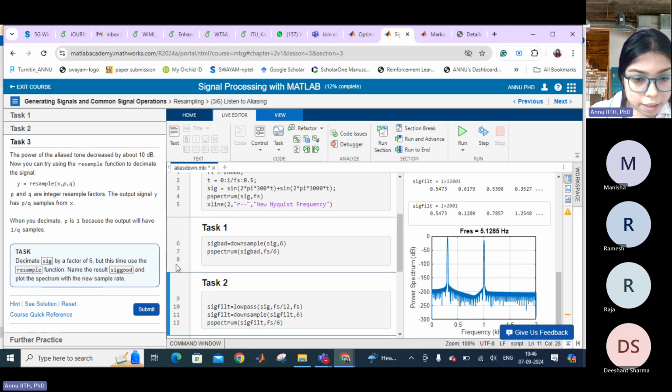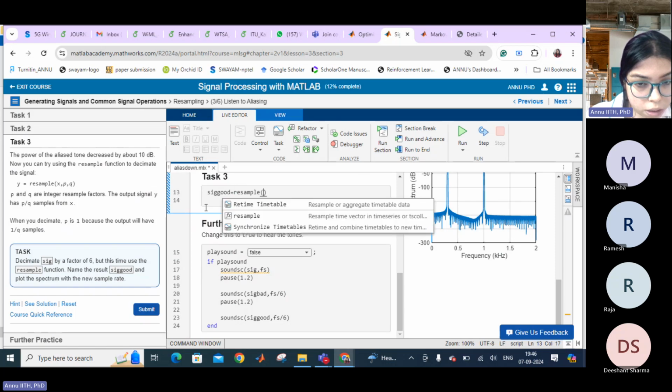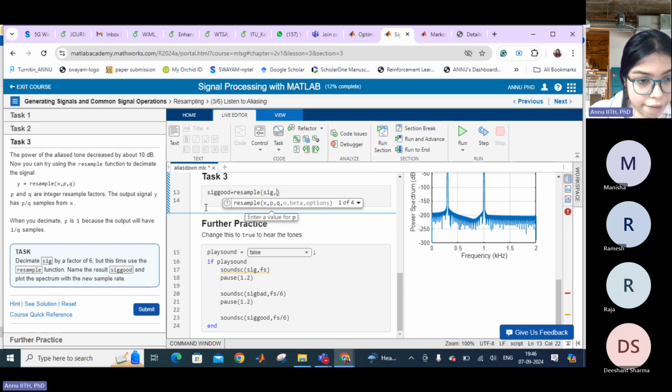So decimate the signal. sig_good is equal to resample. The lowpass is already included in this. Sig by factor 6, but this time you use the resample function, so 1 and 6.